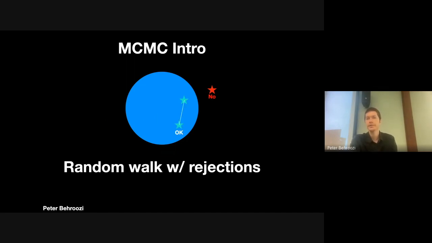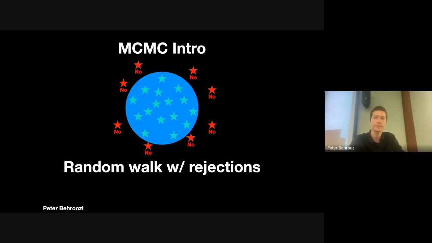If I randomly took a step inside, then I could keep that step. And over time, as I tabulated the points that I kept rather than the points that got rejected, I would end up with a distribution of points that looks like my allowed parameter space. Okay, so that's the one-minute introduction to what MCMCs do.